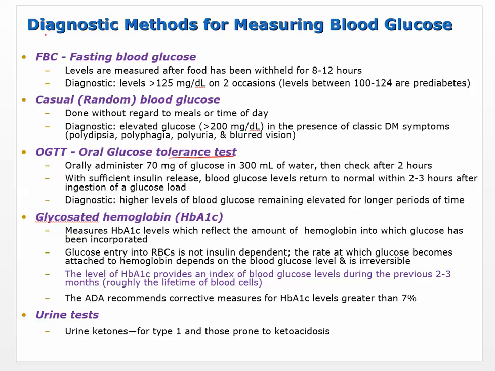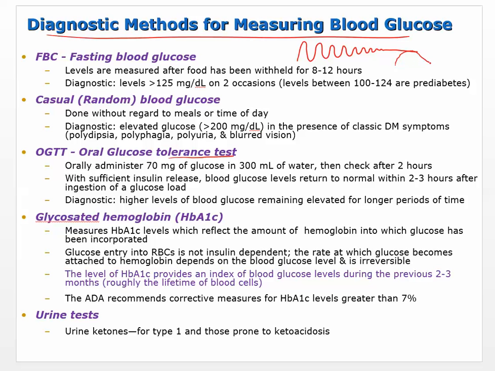Okay, so diagnostic methods. How are we measuring our blood glucose? We've already mentioned fasting blood glucose. Your glucose levels go up and down, up and down, based on glycogen and glucagon. I may be exaggerating this swing, but that tends to be what happens.